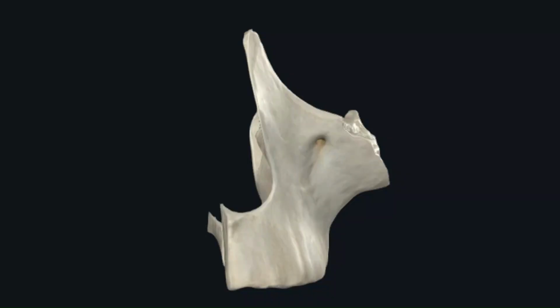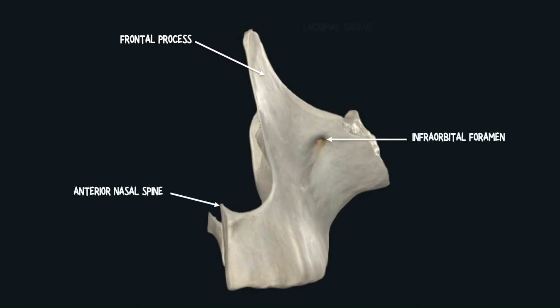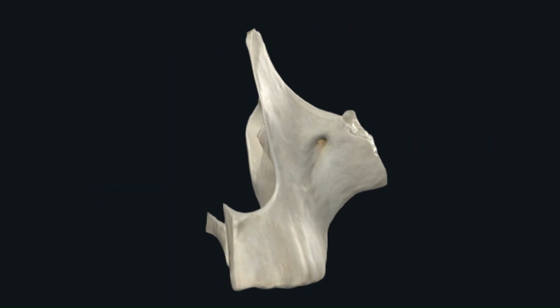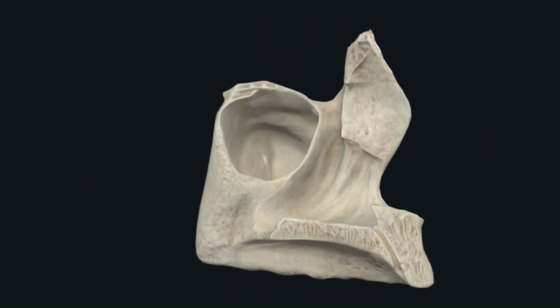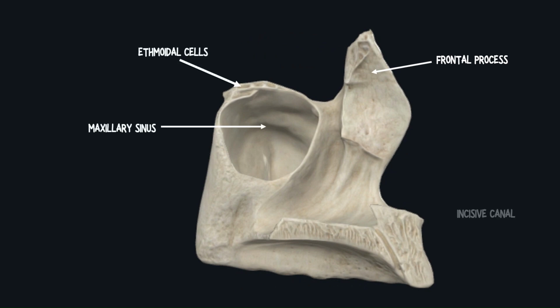Summarizing, from the anterior view, we can see the frontal process, the anterior nasal spine, the infraorbital foramen, and the lacrimal groove. From this medial perspective, we can see again the frontal process, the maxillary sinus, the ethmoidal cells, the incisive canal, the two parts of the palatine process, and the lacrimal groove.